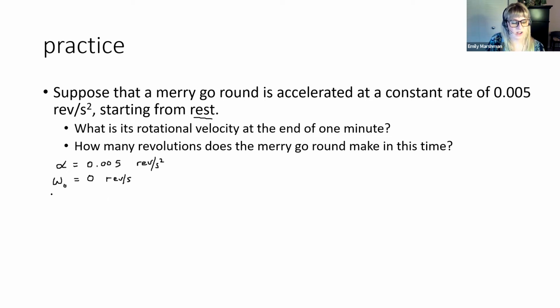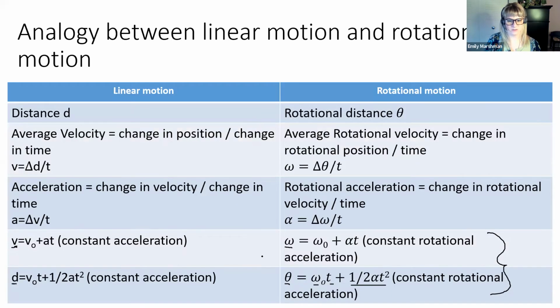We want to know its final rotational velocity after a time period of 1 minute. Let's convert 1 minute to seconds since we're in revolutions per second squared. So 1 minute is 60 seconds. We can use one of our rotational kinematics equations to solve for the final rotational velocity. If you go back, we could use this one.